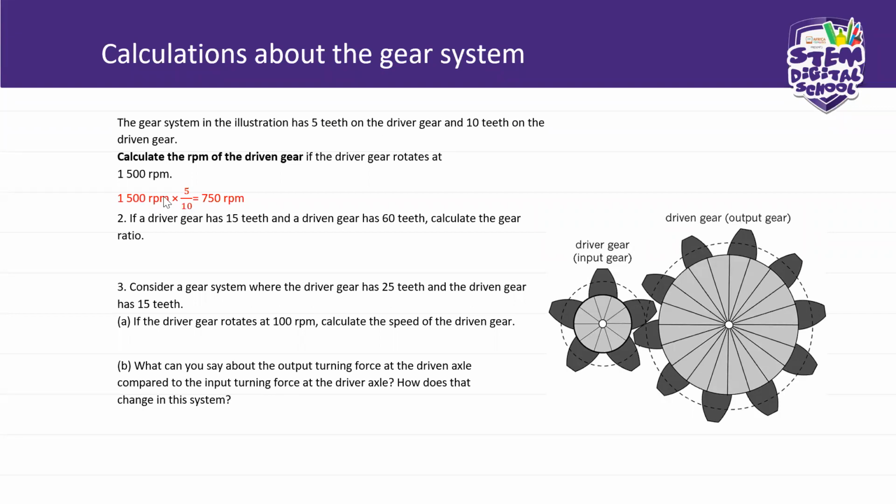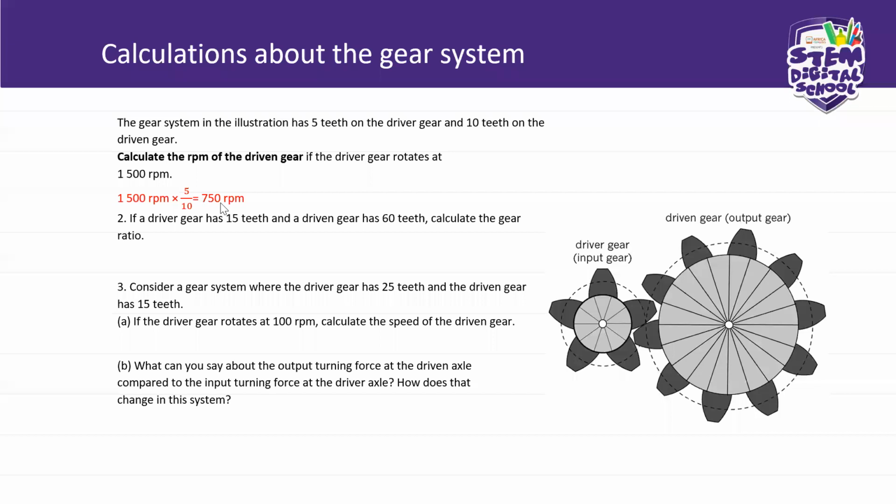So the formula will be the revolutions per minute of the driver gear, because we are calculating the revolutions per minute on the driven gear, multiplied by the number of teeth on the driver gear divided by the number of teeth on the driven gear.